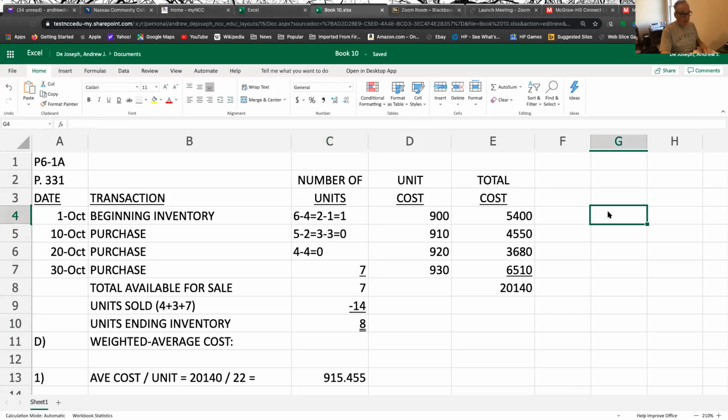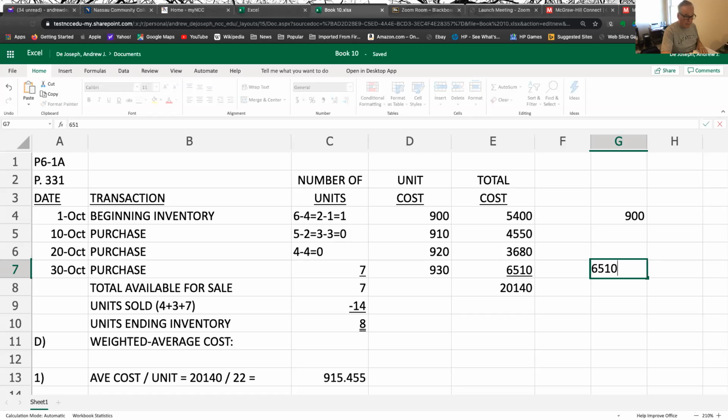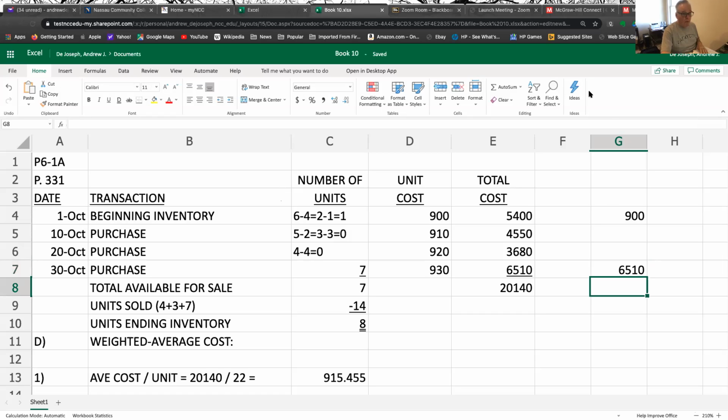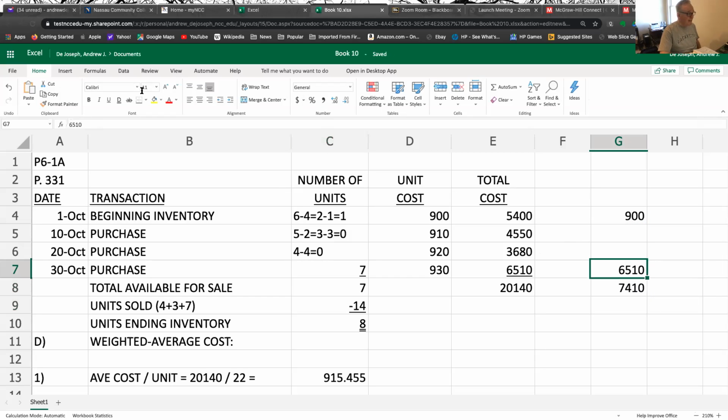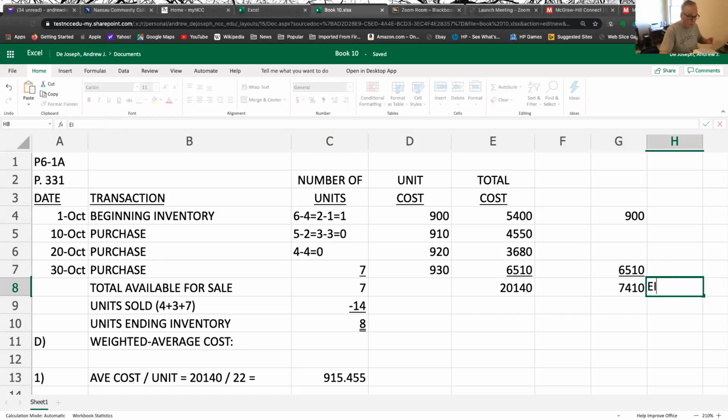So if we just do a quick calculation out here, 1 times 900 is 900, right? And 7 times 930 is 6510. What do we have left? Ending inventory is 7410, right? Ending inventory is 7410. Right? So it's a little tricky.